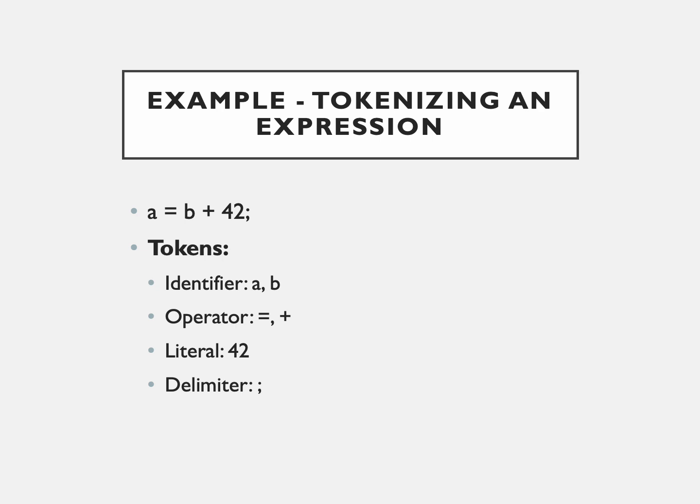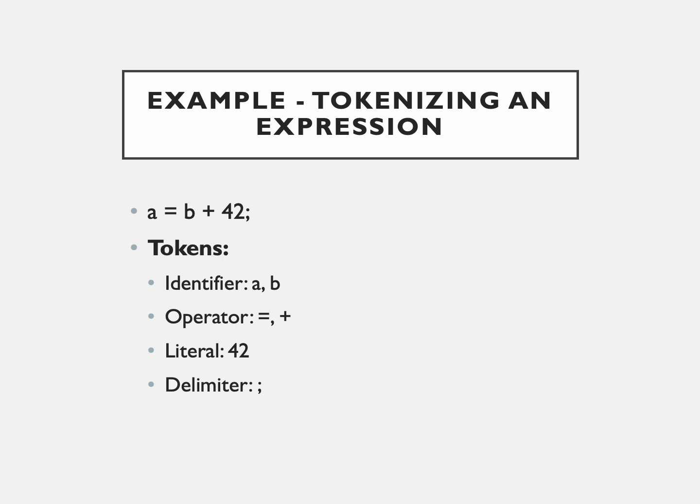Okay, now let's take a look at a practical example of how a lexical analyzer tokenizes an expression. Consider the line of code here where we have a = b + 42. Now when processed, the lexical analyzer breaks this expression into the following tokens.